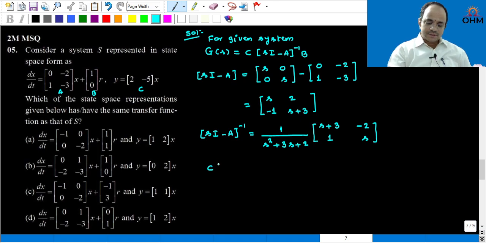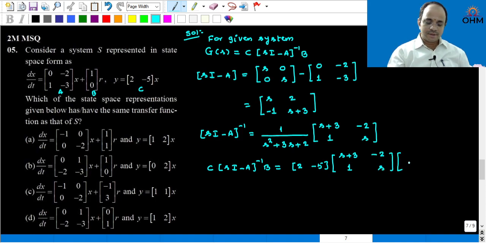Now C into (SI minus A) inverse into B. So the C matrix is 2 minus 5, (SI minus A) inverse is S plus 3 minus 2 1 and S. B matrix is 1 and 0. Denominator S square plus 3S plus 2.